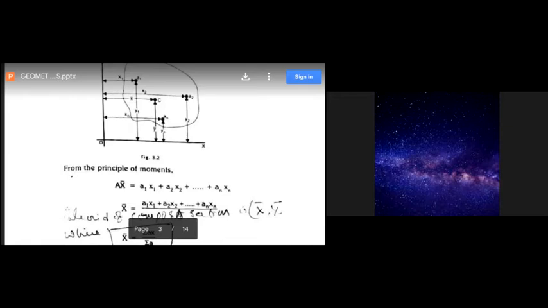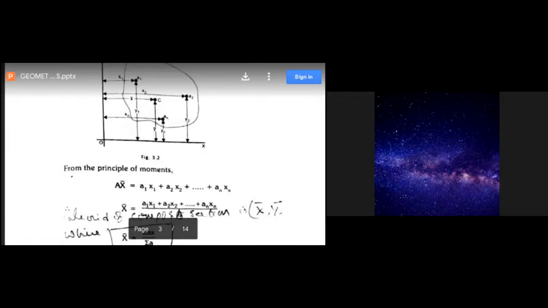So the resultant moment is equal to area into x bar, where x bar is the distance of the centroid from the y-axis.